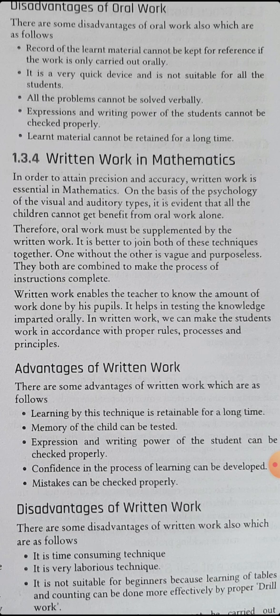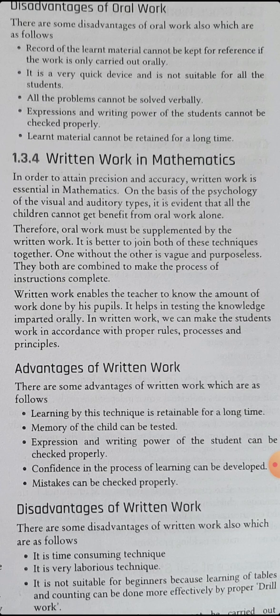Written work in mathematics. In order to attain precision and accuracy, written work is essential in mathematics. On the basis of the psychology of the visual and auditory types, it is evident that all the children cannot get benefit from oral work.